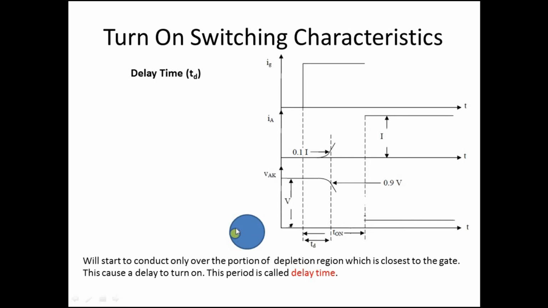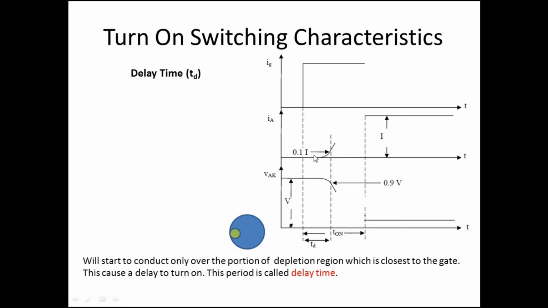Because of this, the conduction cross section is very small. Only the region closest to the gate will be supplied by electrons by the gate current. The rest will still be the depletion region. So only this is the available region for conduction, and through this region only a small amount of current can flow.